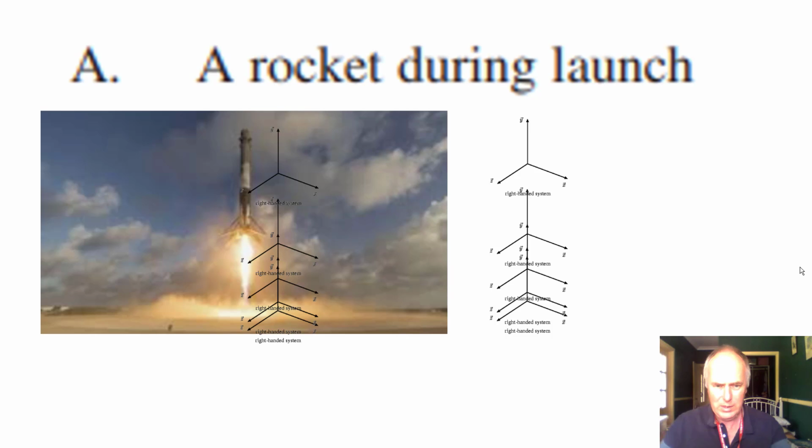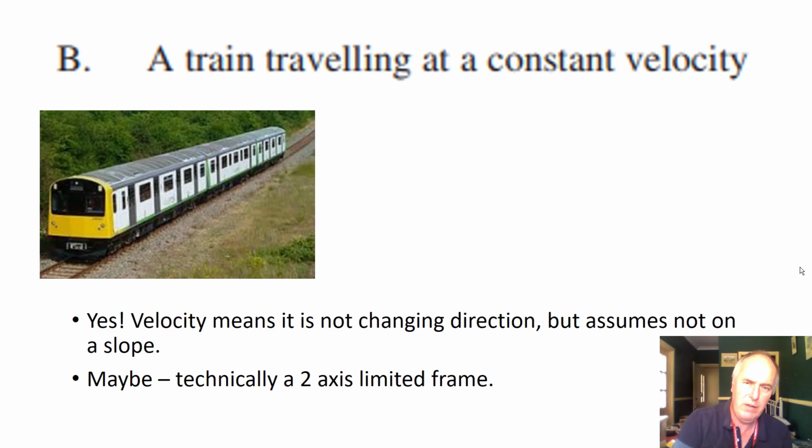This is a train travelling at a constant velocity. Yes, constant velocity means it's not changing direction, but it assumes it's not on a slope.